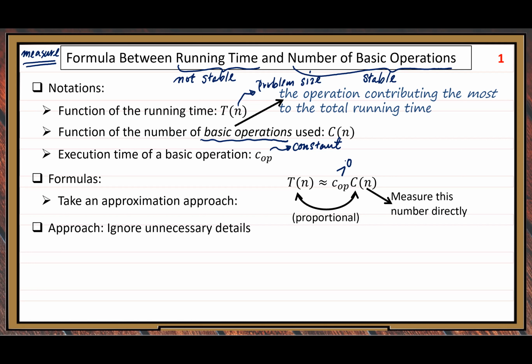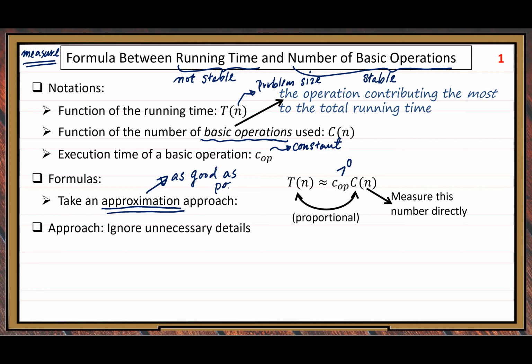The objective is to make our representation simpler and easier, while our approximation is still good enough.